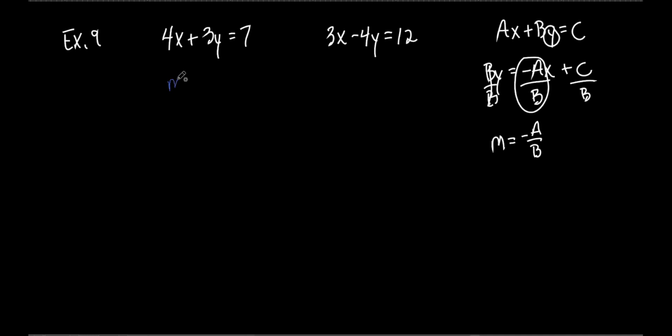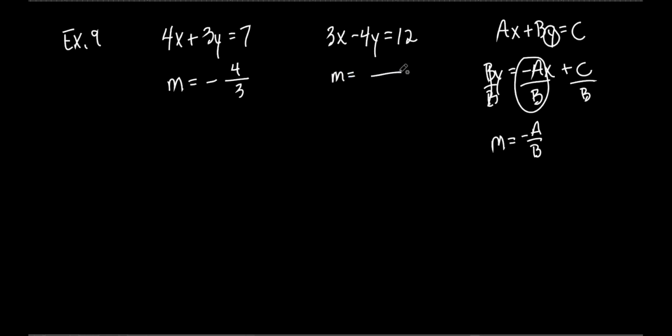So how could I find the slope of this line right here without changing it to slope-intercept form? How could I find the slope? Negative a over b. So it's negative, what's the a? 4. What's the b? 3. So that's the slope of that line right there. So that's kind of nice, isn't it? And then let's do the same thing here. Let's find the slope of this line.